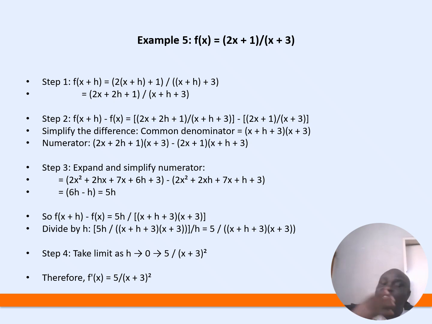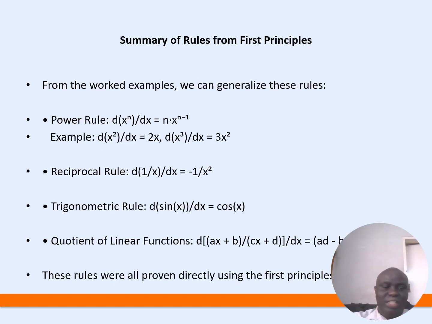So I have actually talked about the first principle of the three methods: the algebraic first principle, first principle from trigonometry, and first principle from quotient. Then the last one is actually the summary of the rule. From the worked examples, we can generalize this rule. The power rule, which is x to the power n, differentiated gives n x to the power n minus 1.